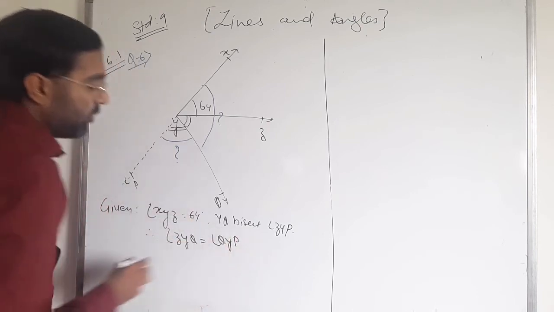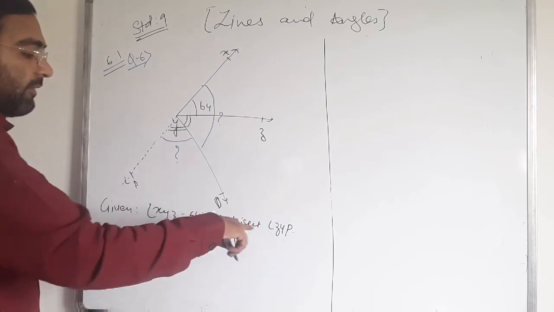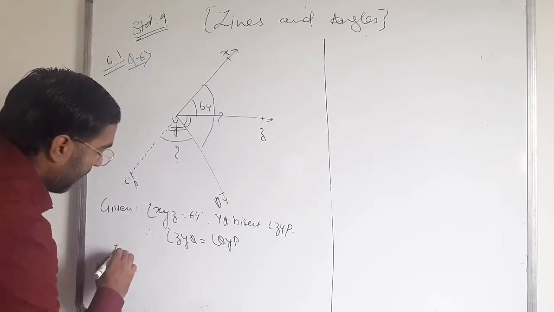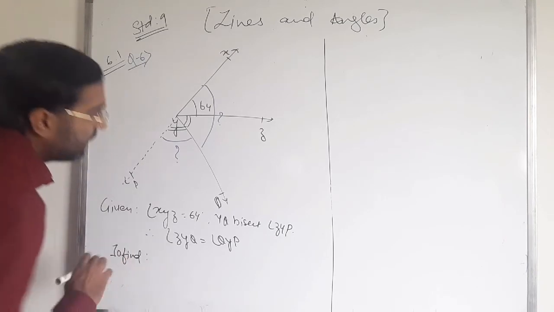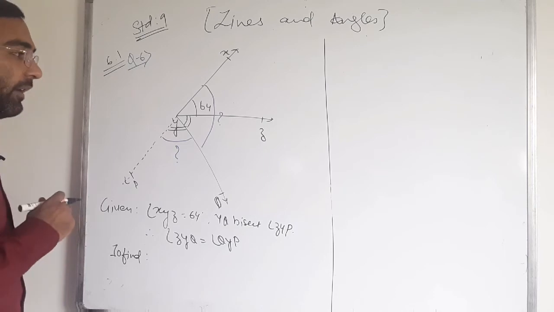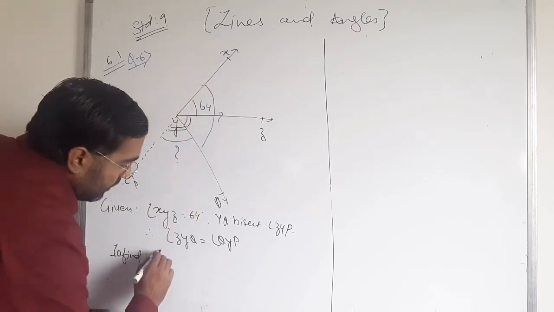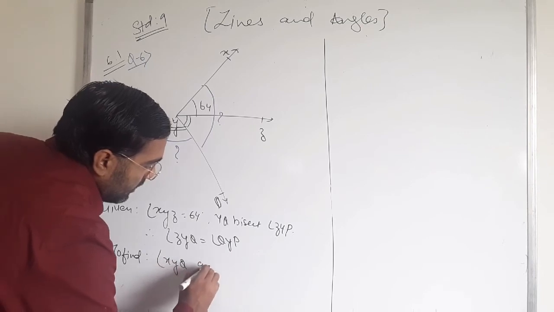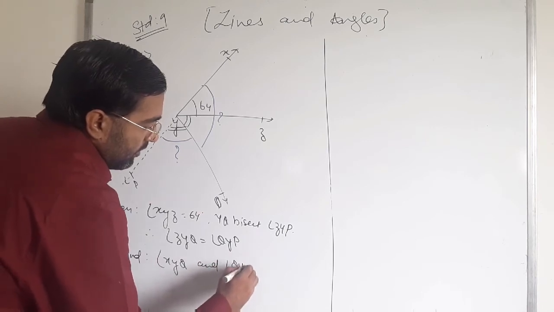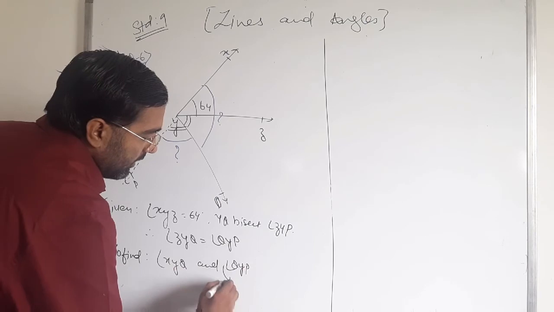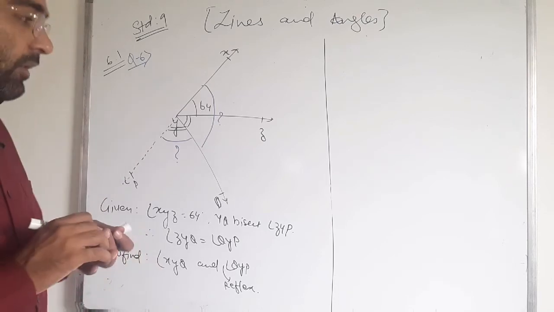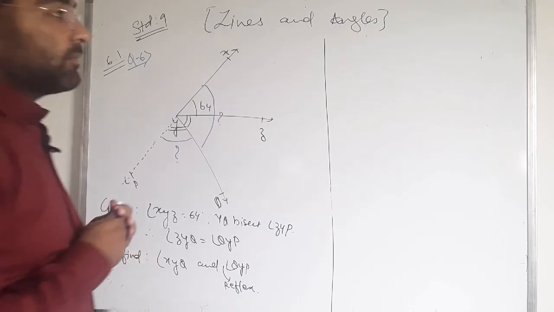Both angles are equal because YQ bisects the angle. Here we don't have to prove anything, we have to find the angles. So we write: to find angle XYQ, angle QYP, and reflex of QYP. So let's start to solve this.